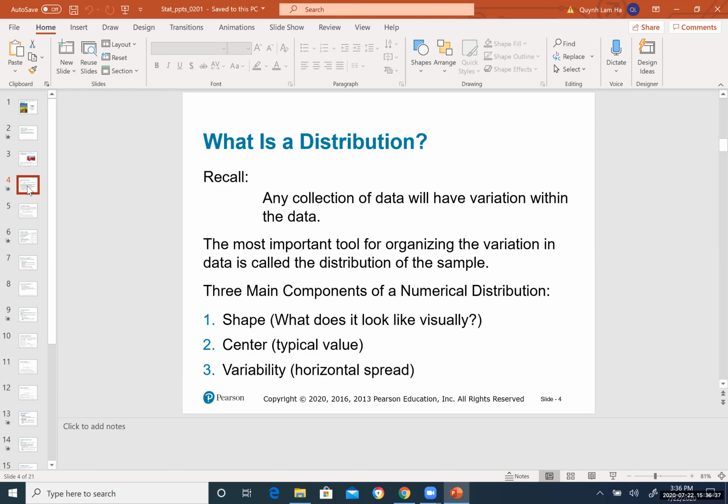Center. The center is the middle, right? The mean of the whole distribution, or the median of the whole distribution.